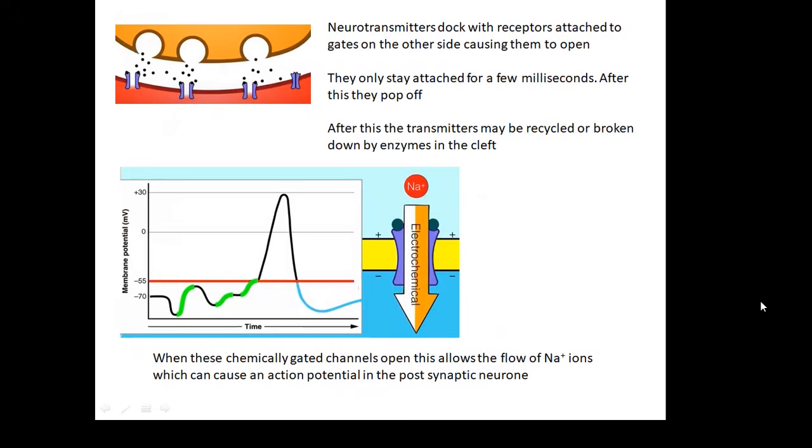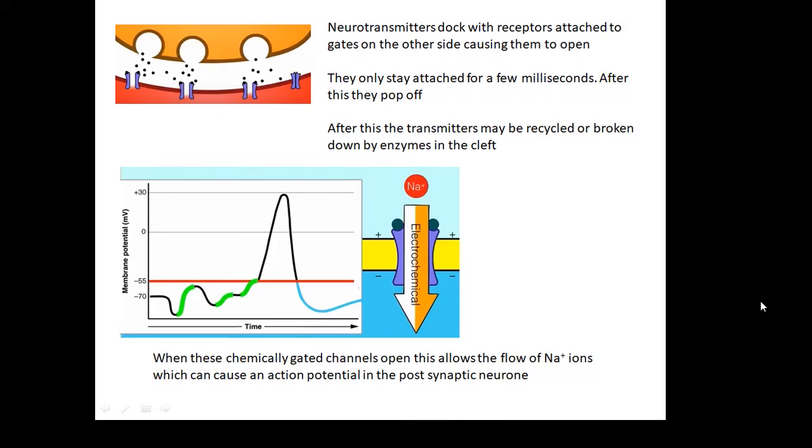What happens next is that the neurotransmitters dock with receptors attached to the gates on the other side. The receptors open. They only stay attached for a few milliseconds. After this, they pop off. But while they are open, sodium ions can rush in, and that creates the action potential, which then carries down through the second neuron.